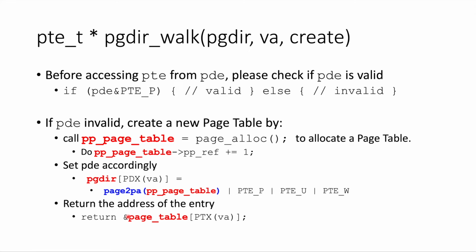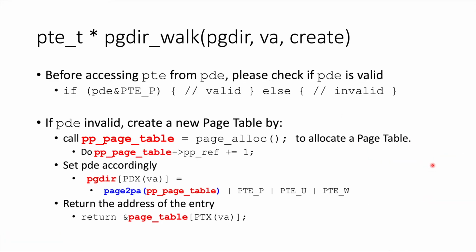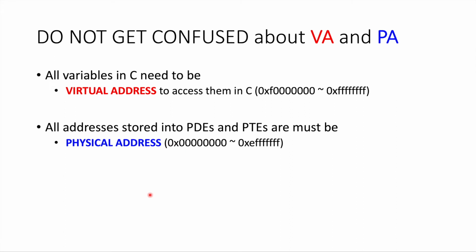So basically, it will walk down this two-level page directory and table structure, and if the page table does not exist, we will need to allocate a new one, and at the end, we will return the address of the page table entry. And let me note about the caution here again. Please do not get confused between the virtual address and the physical address.